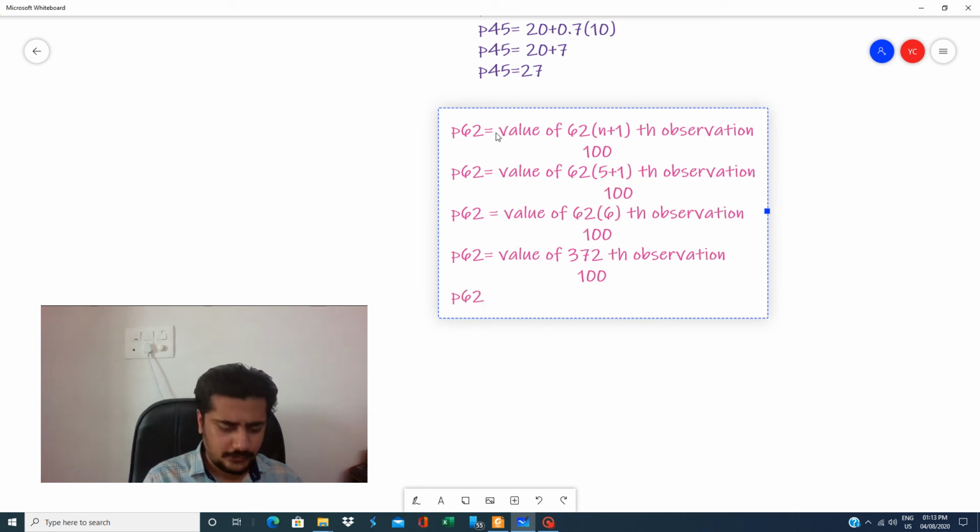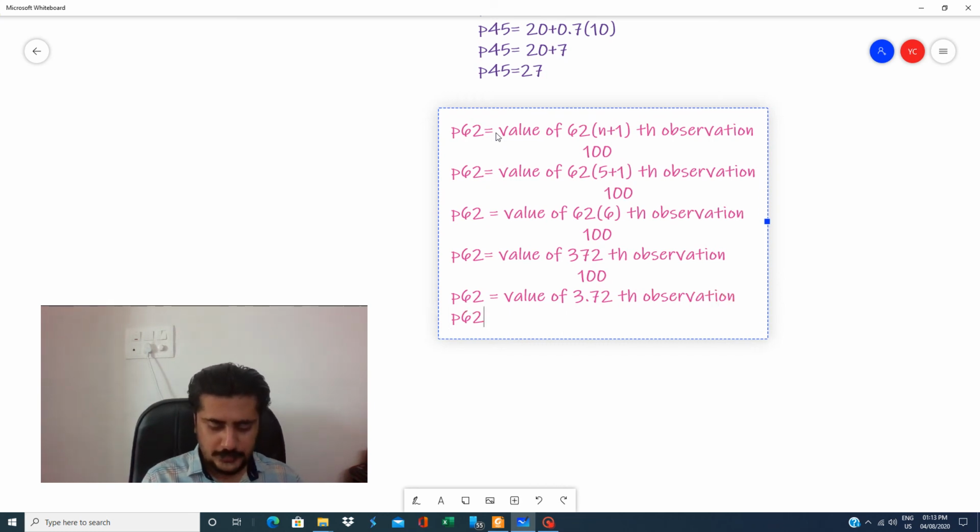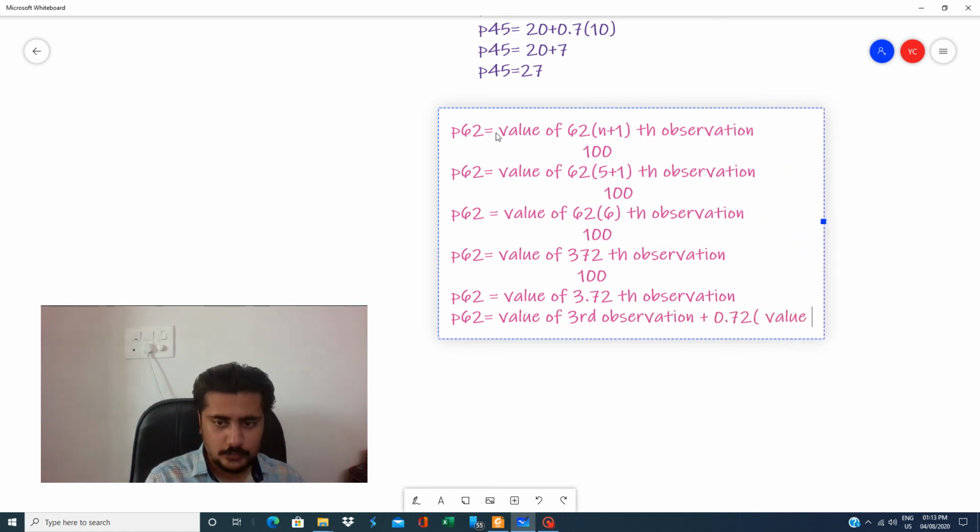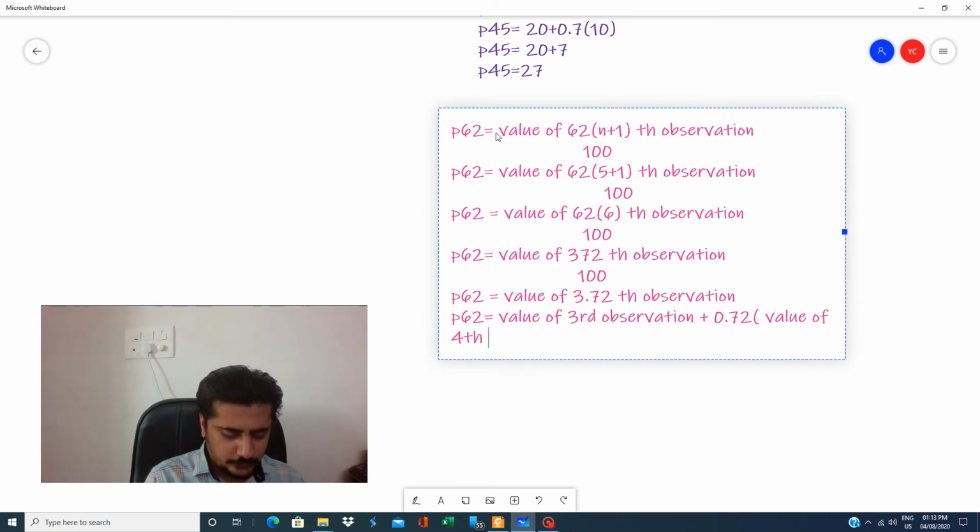Yes, you should write with me in your book. Okay, so it's value of 3.72 observation. P62 is value of third observation plus 0.72 into value of fourth observation minus value of third observation.